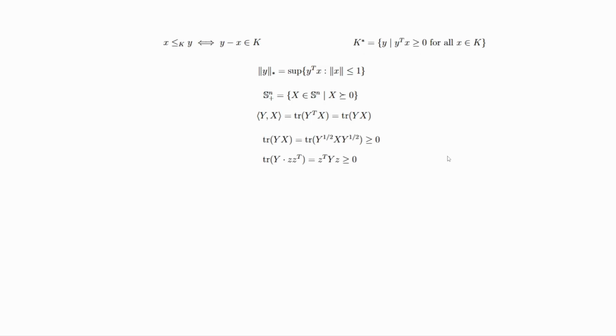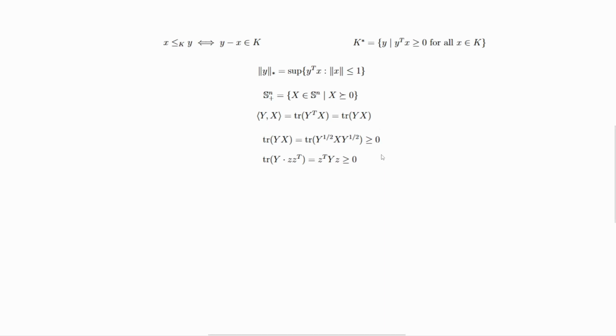Just a reminder from linear algebra, a symmetric matrix X is positive semi-definite if and only if z transpose X z is greater than or equal to 0 for all vectors z. Now if y is positive semi-definite and x is positive semi-definite, then the trace of yx is greater than or equal to 0.